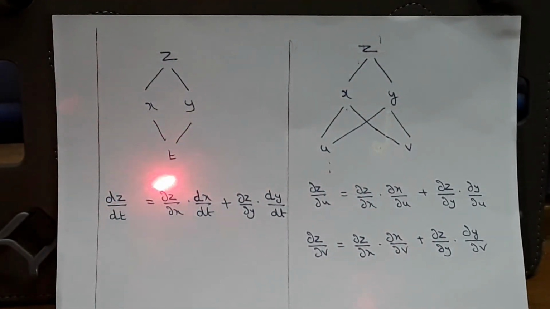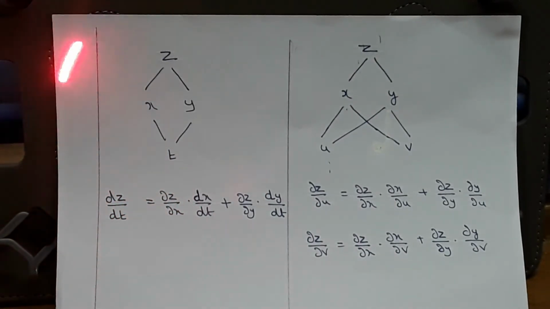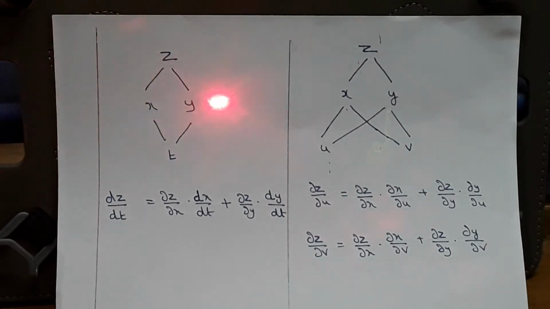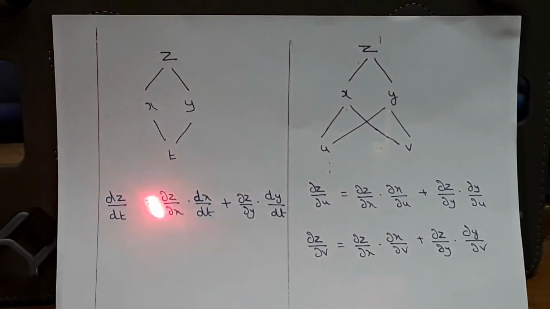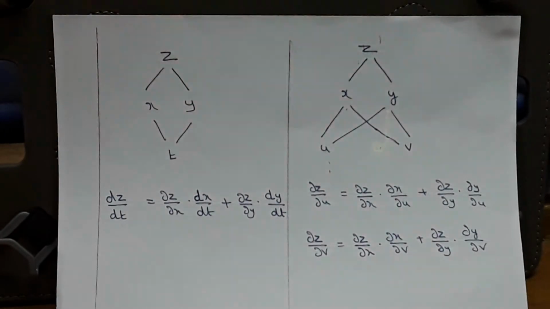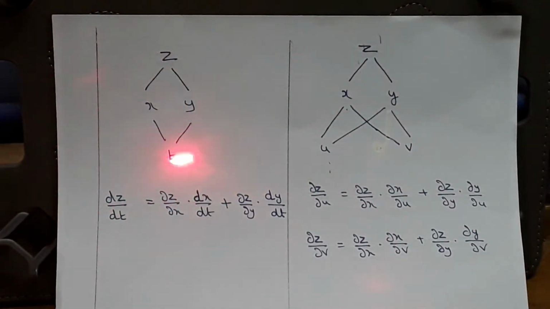So here we can apply the ordinary derivative, that is dz/dt equal to, you see, initially z is a function of two variables, so we have to apply the partial derivative: ∂z/∂x into dx/dt, because x is a function of a single variable, so dx/dt, plus ∂z/∂y into dy/dt. Understood the concept? Finally it's a function of a single variable, so we can take dz/dt.